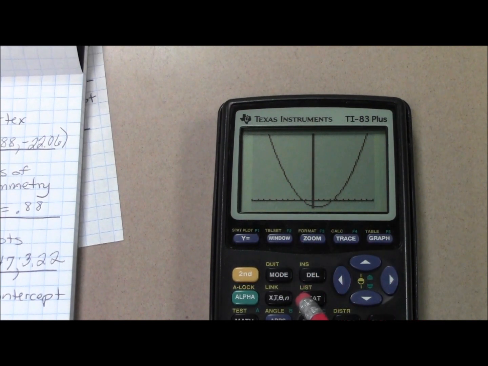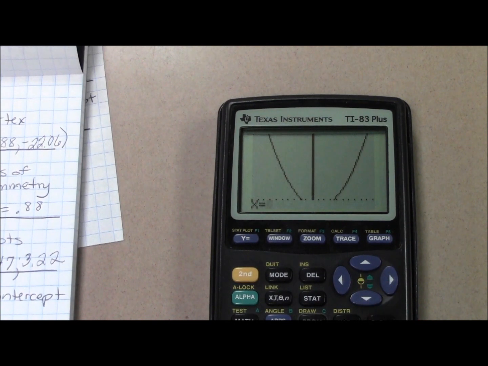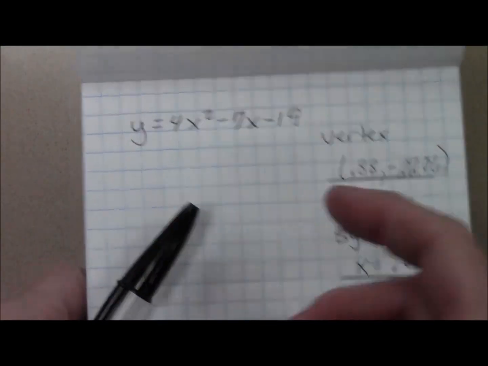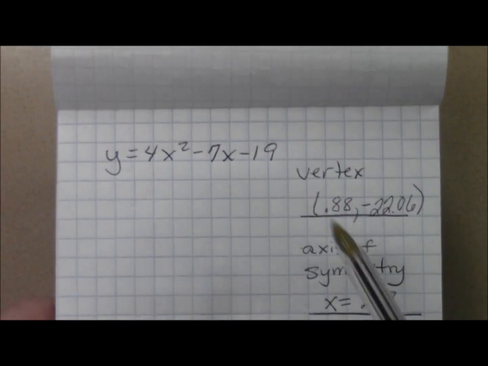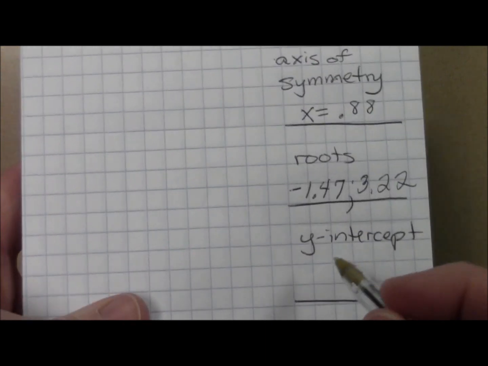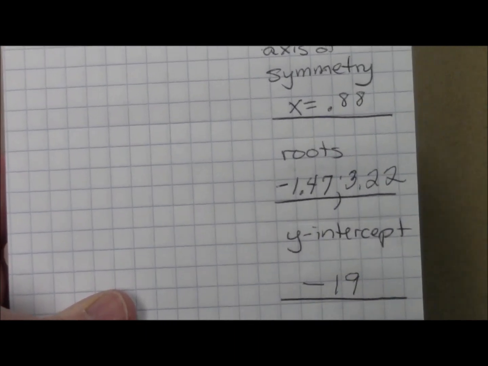So in order to calculate that, the easiest one, you just do second calc, and we do the value when x is 0, and it's negative 19, and that one is actually, you don't even have to do that. Your constant term will always be your y-intercept, negative 19.